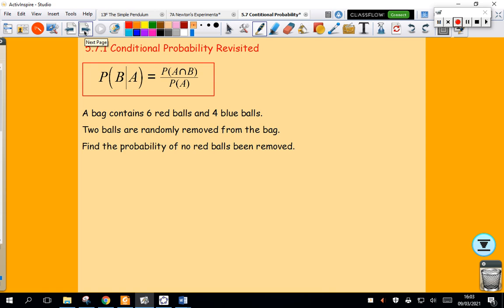A bag contains 6 red balls and 4 blue balls. 2 balls are randomly removed from the bag. Find the probability of no red balls being removed. So I'm finding the probability that the first is not red, and then the second is not red either.